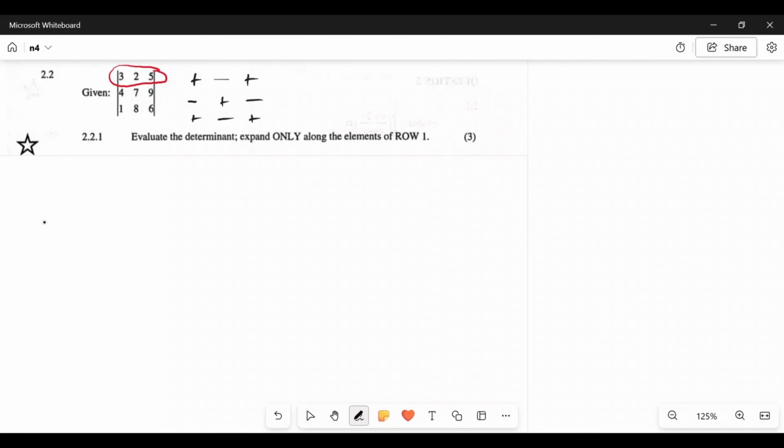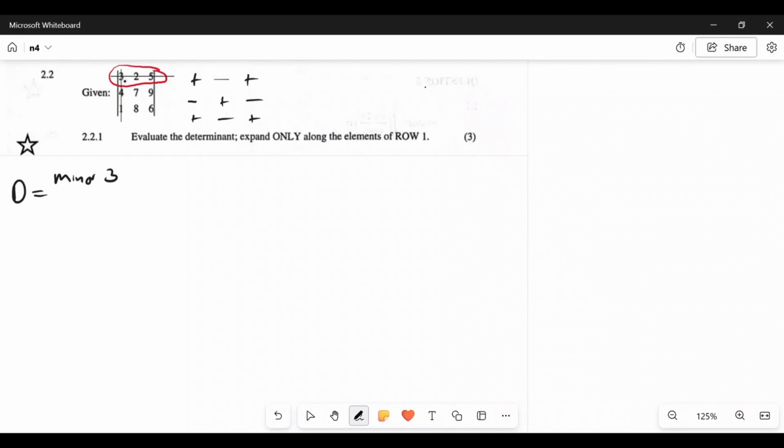So let's start. If you calculate the determinant, first you have to select from row 1 as your minor. So when we have minor 3, meaning we're going to cancel the row at which 3 is and the column at which 3 is. There we go.